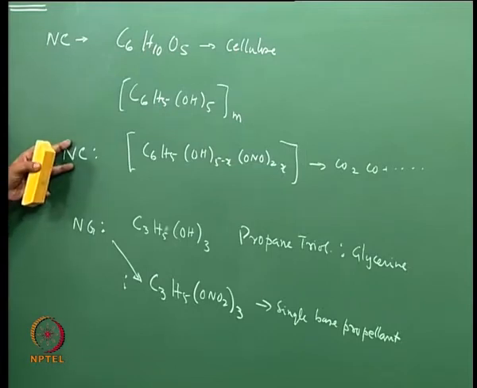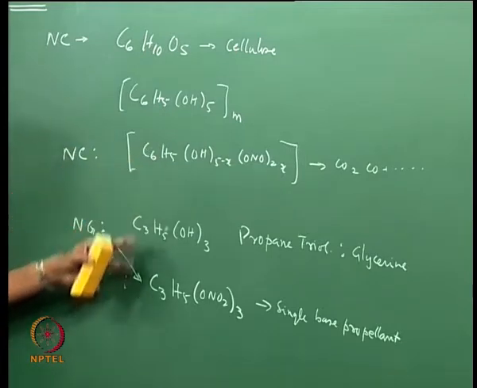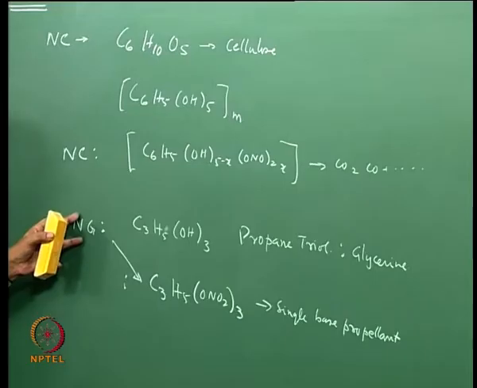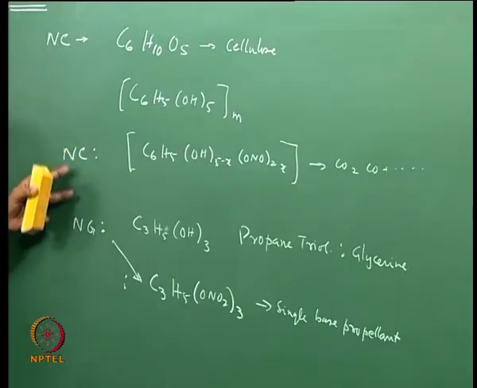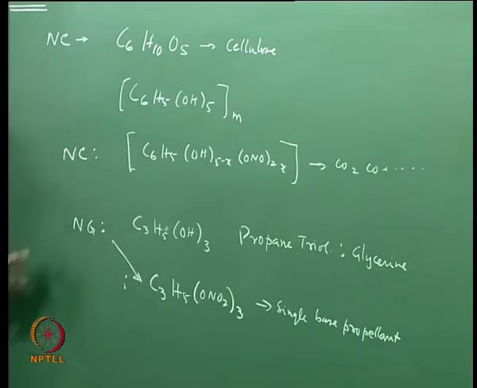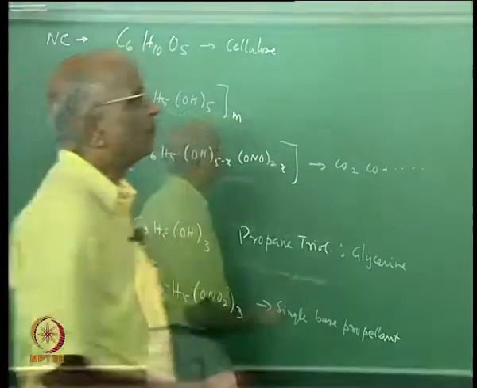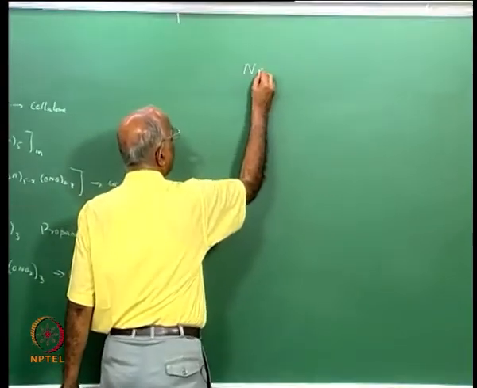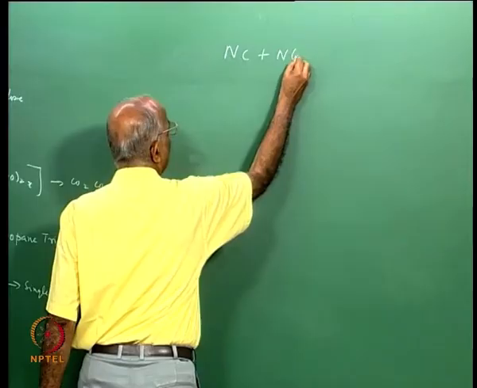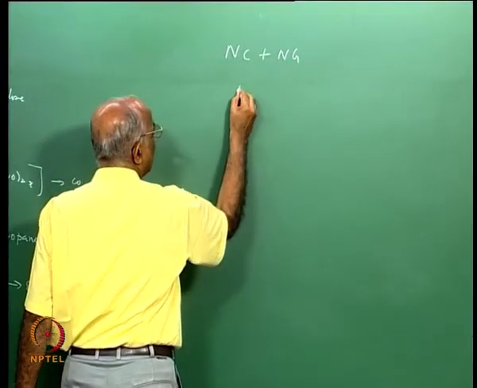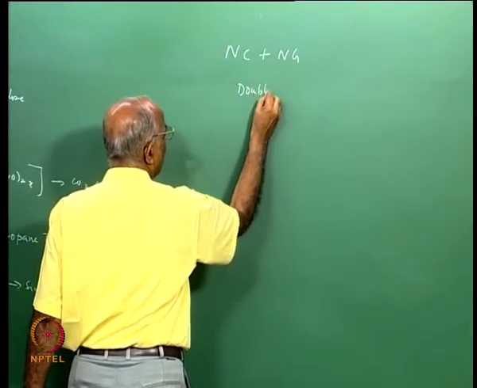Just like nitrocellulose, which was fuel rich, which could be used, this is slightly oxidizer rich and it could be used, but these are very seldom used by themselves. But what is done is, you mix nitrocellulose and nitroglycerine, that means you have 2 constituents, and this is what is known as a double base propellant.